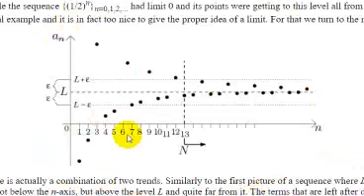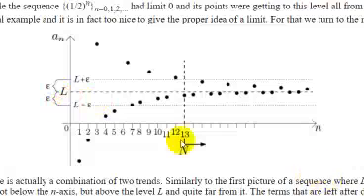This is the ribbon around L. This sequence seems to be converging to L. The width of that ribbon is 2 epsilon, so this gap is 2 epsilon, and the upper part is epsilon and the lower part is also epsilon.